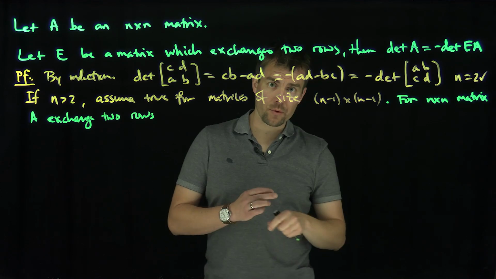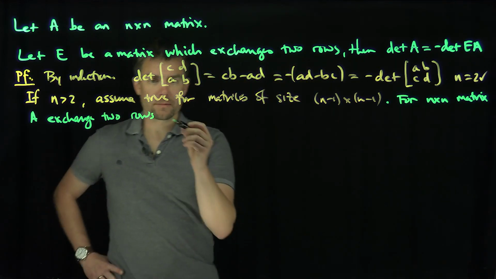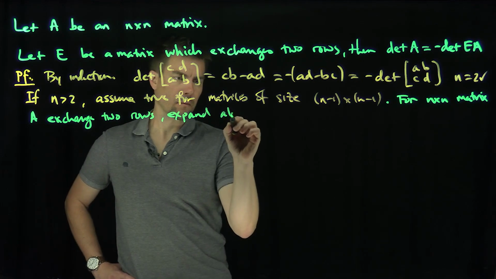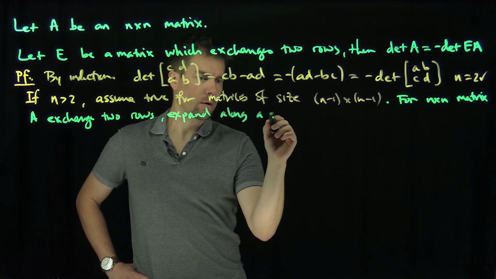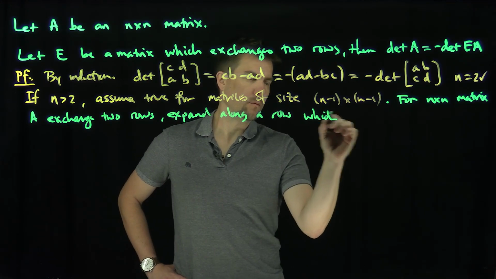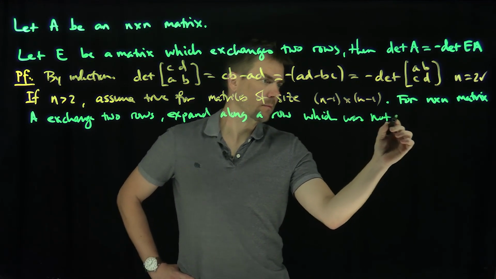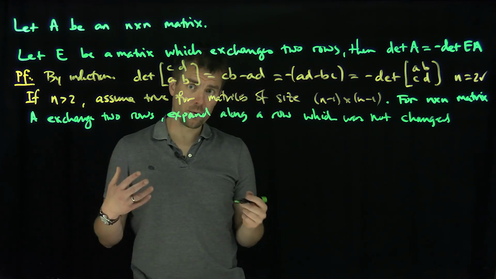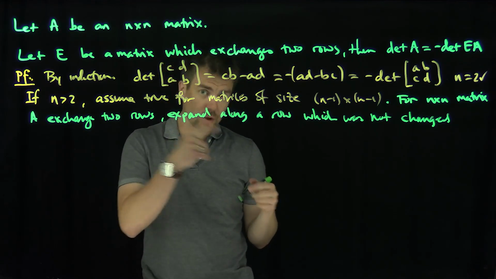So we perform this EA operation and expand along a row which was not changed. I know that since n is bigger than 2, there is going to be at least one such row that was not changed.